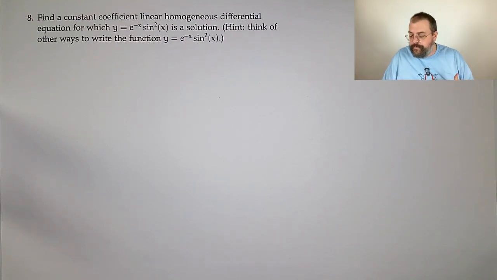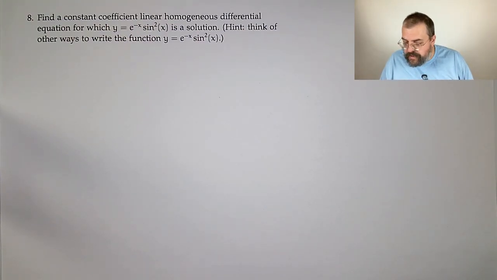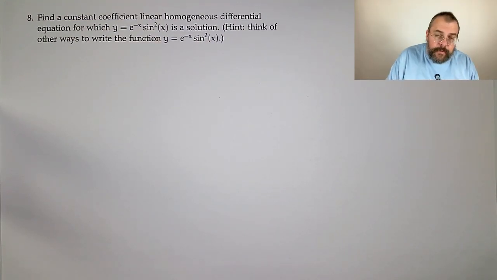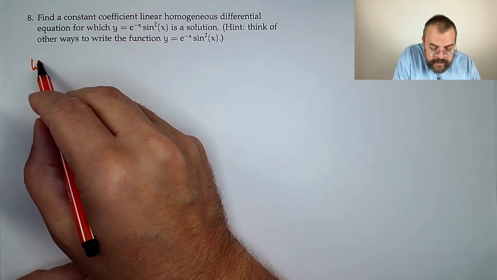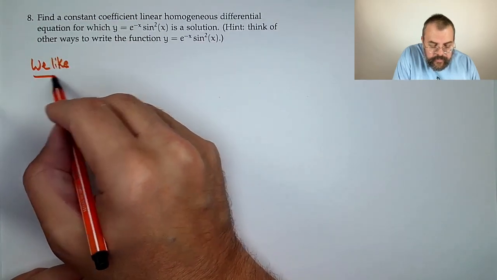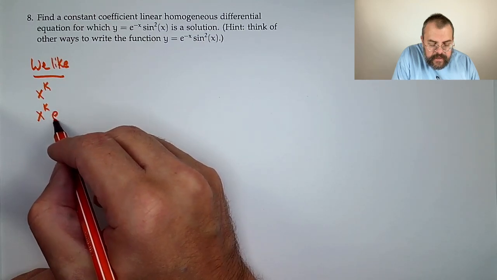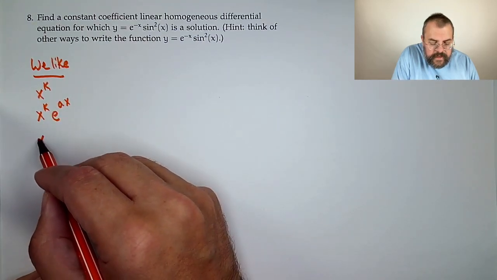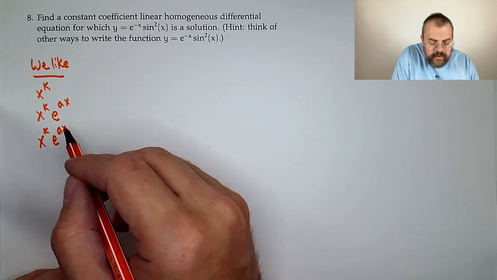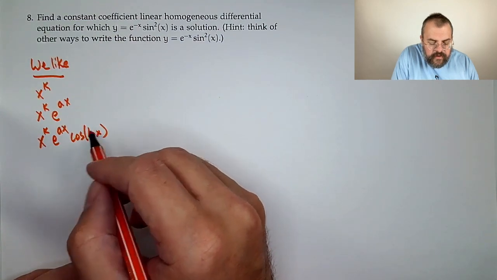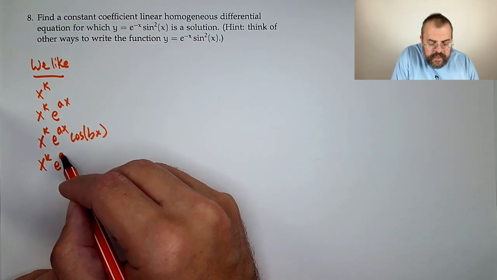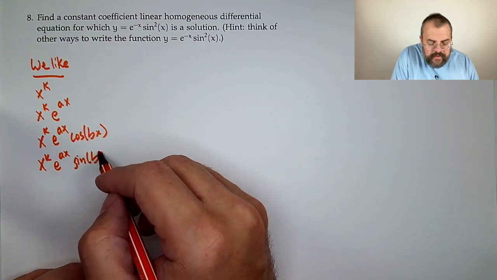And so what we want to do is rewrite it in ways which are friendly to the kind of things that show up in the solutions. So again, things that we like, what do they look like? Well, x to the power k, e to the ax, x to the power k, e to the ax cosine bx, or x to the power k, e to the ax sine bx.